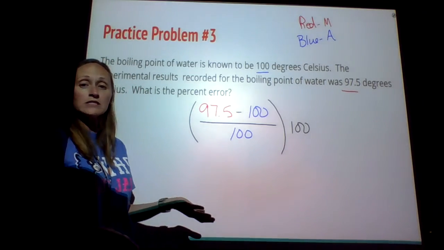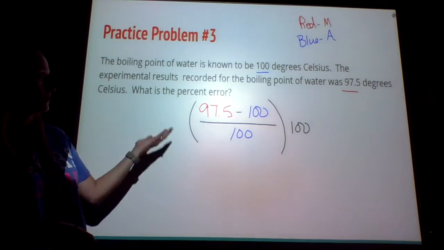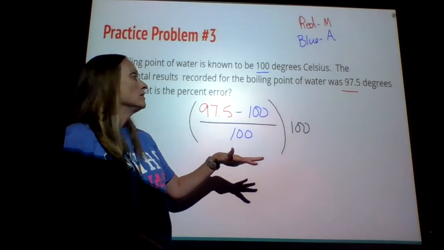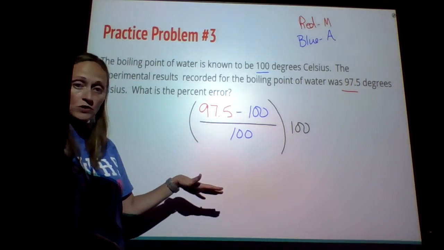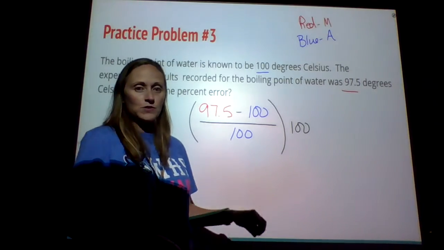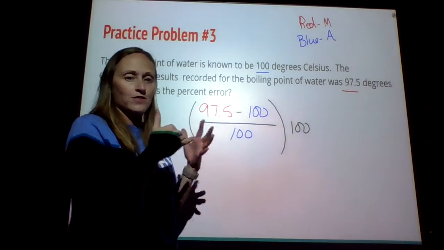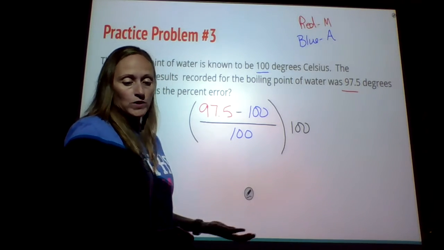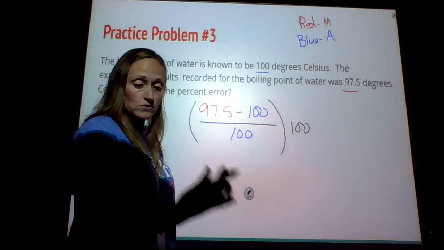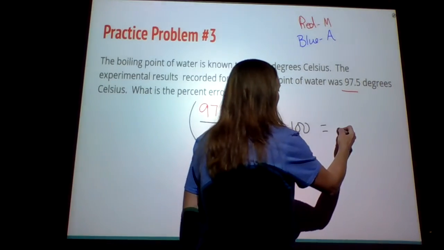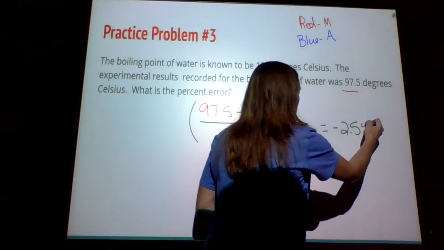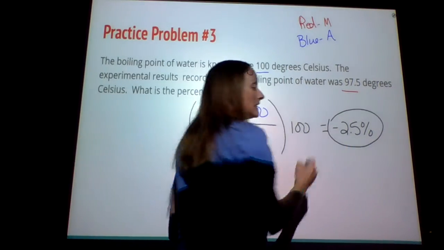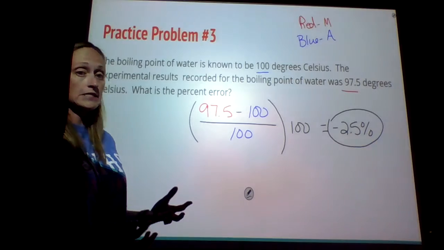When you're entering this in the calculator, please enter it as 97.5 minus 100, enter, divided by 100, enter, times 100, enter, so the calculations are made correctly. After plugging it in, you should have a negative 2.5%. And remember, it is okay to have a negative percent error.